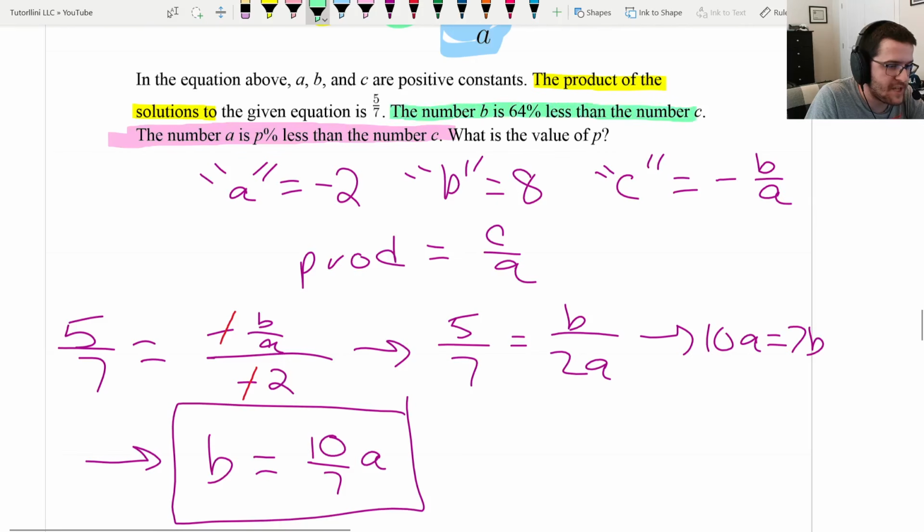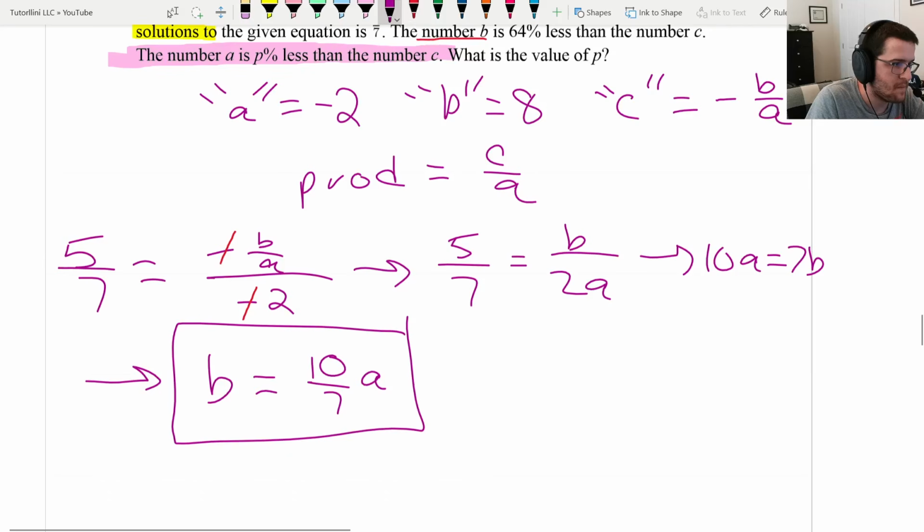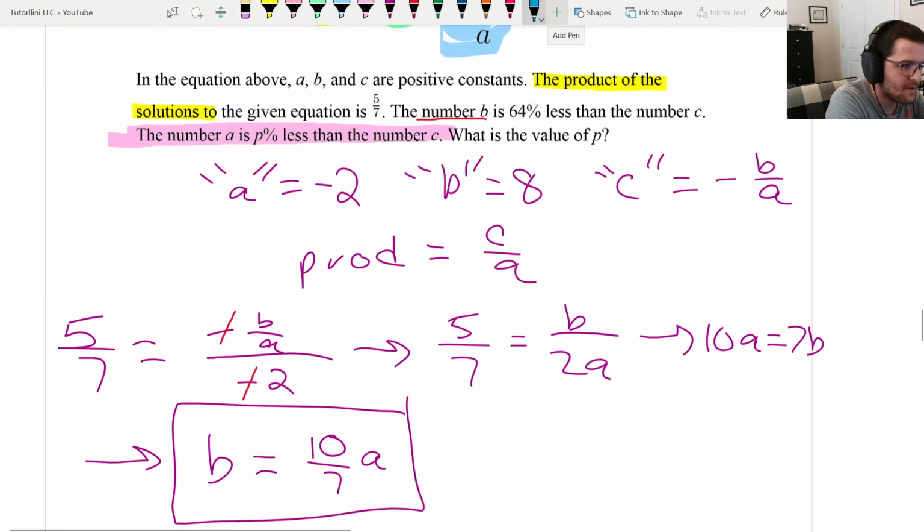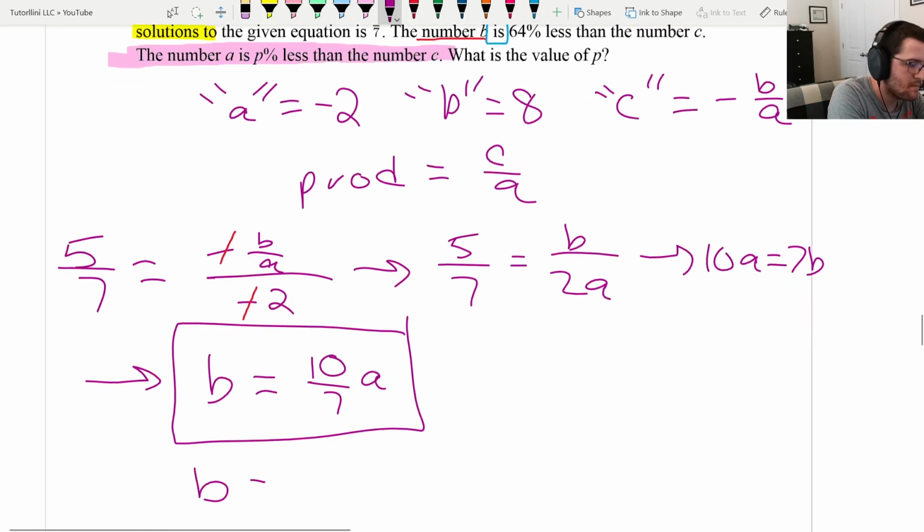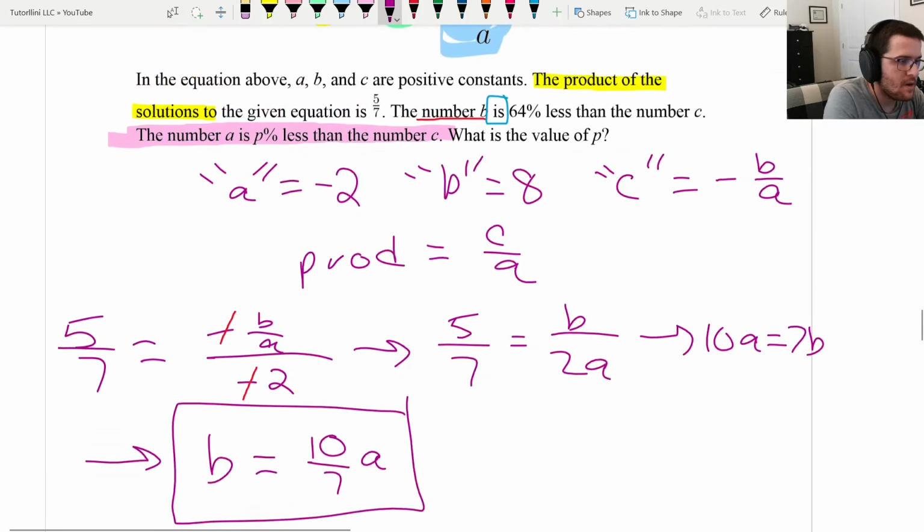The number b is, so let's break this down. This is words to math. The number b is equal to 64% less than the number c.